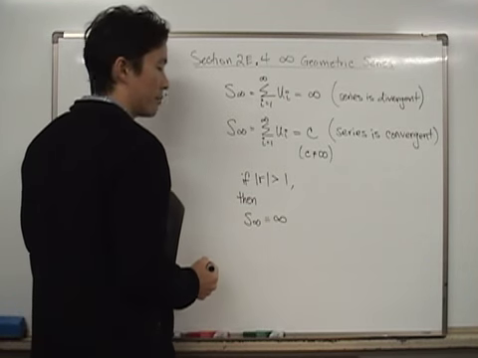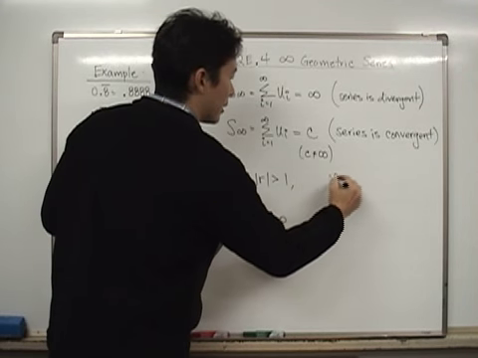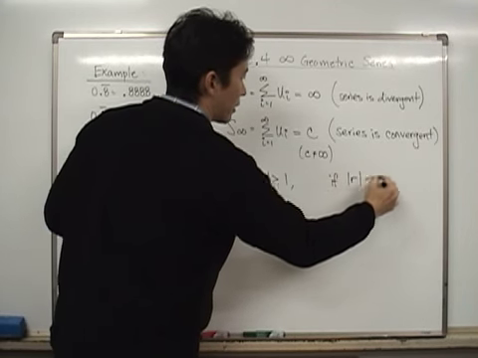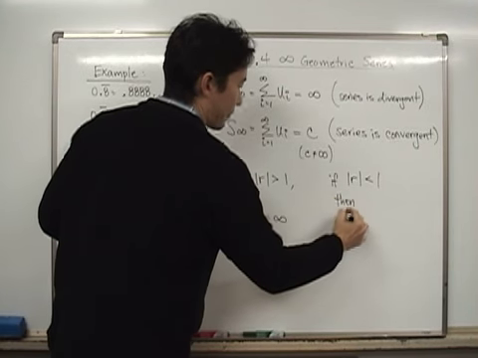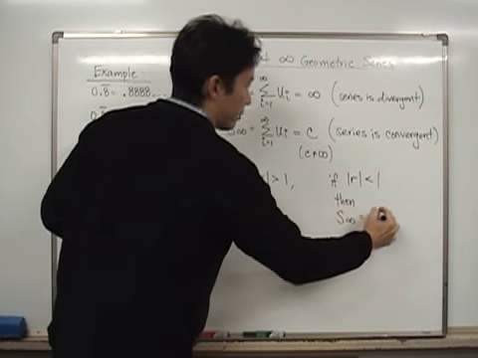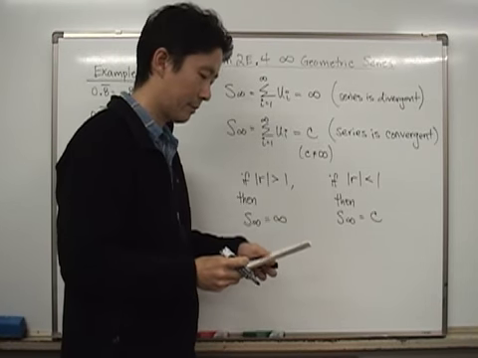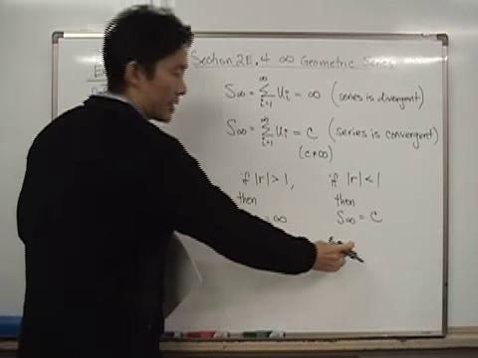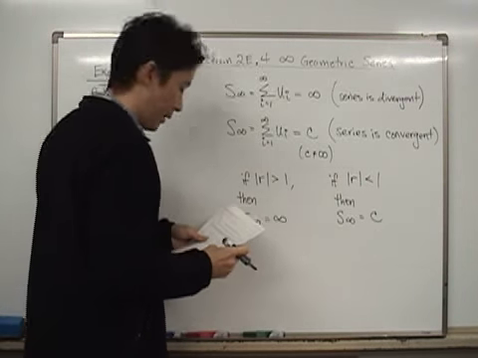So it approaches infinity. On the other hand, if the absolute value of r is less than 1, then the infinite series will converge to a particular value called C.